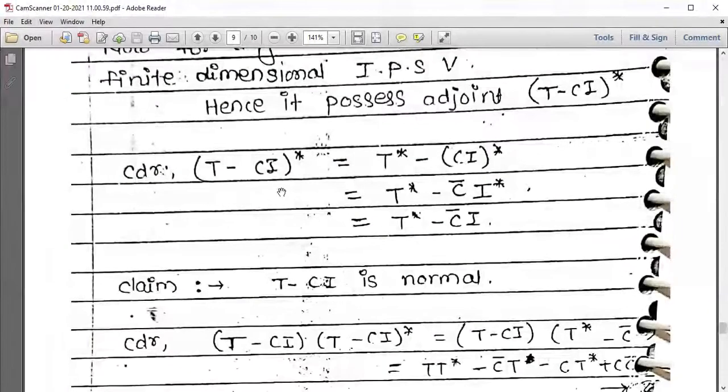Hence (T minus cI) star is equal to T star minus (cI) star, which is equal to T star minus c bar into I star, but I star is equal to I, which is equal to T star minus c bar I.